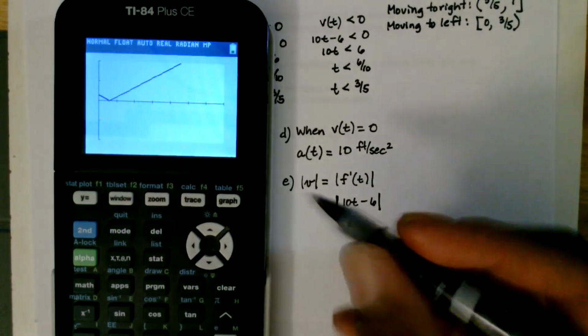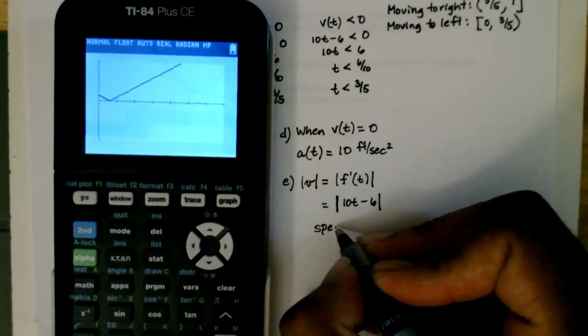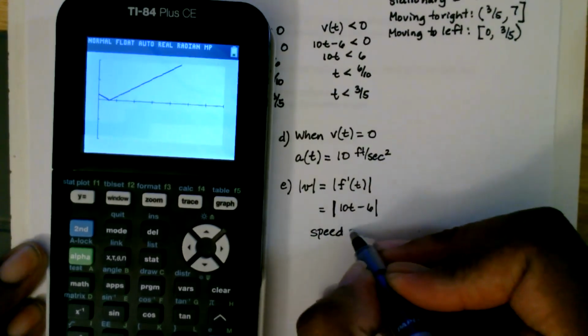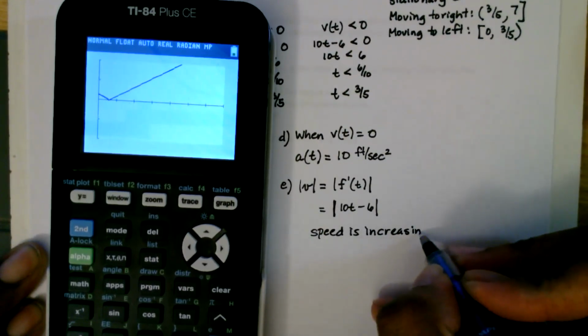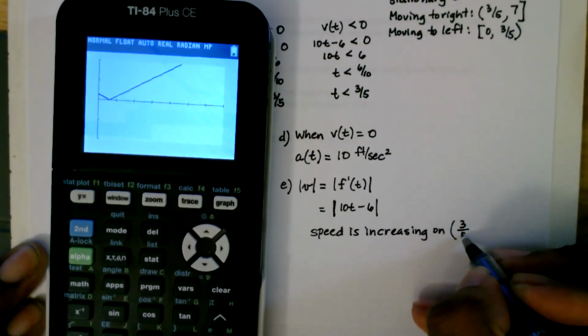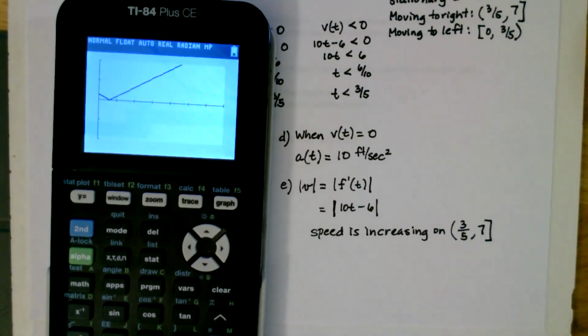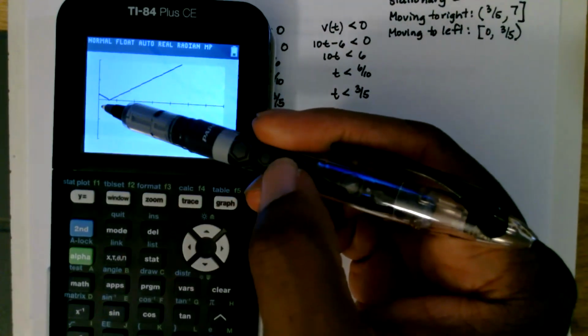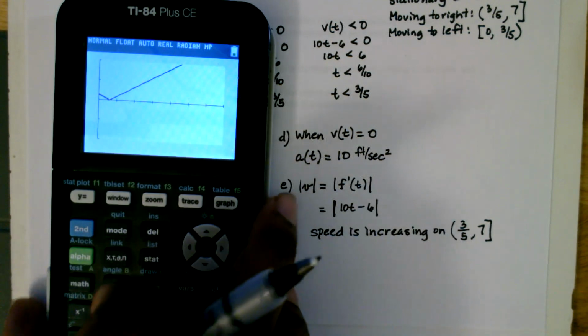So in this case here, the speed is increasing on the interval from 3/5 up to 7, okay? Because the interval is restricted from 0 to 7, but from 0 to 3/5 it's just decreasing. After 3/5 it's going up, it's increasing, okay? So that's how we do example 1.